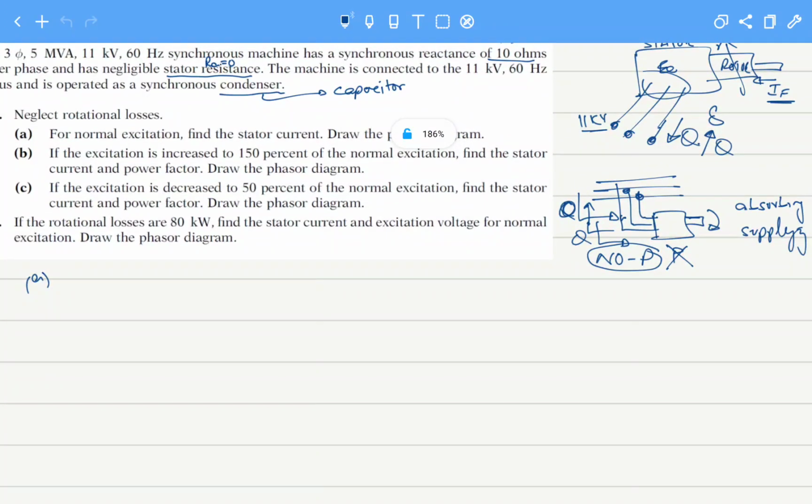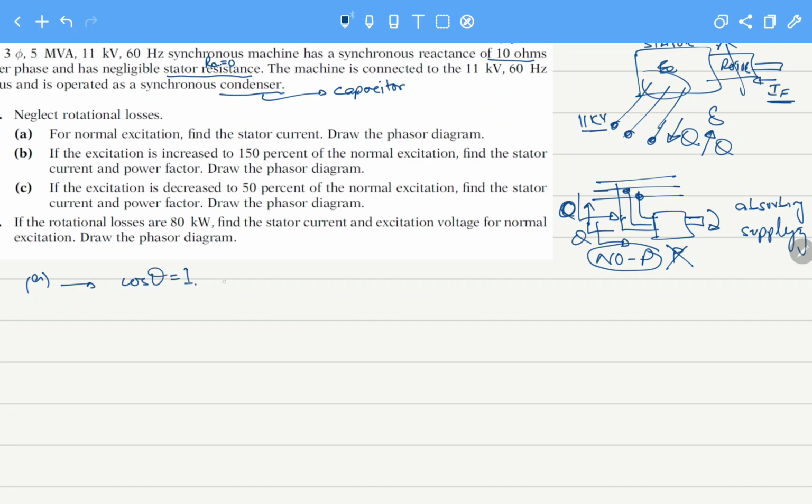For normal excitation, find the stator current and draw the phasor diagram. Normal excitation is considered to be when cos theta is 1.